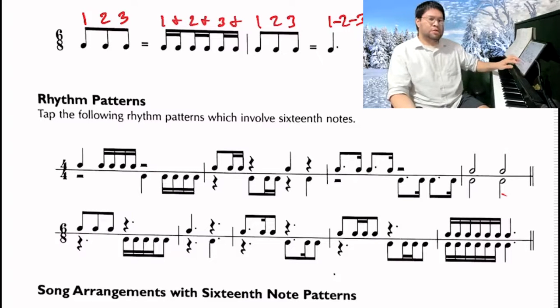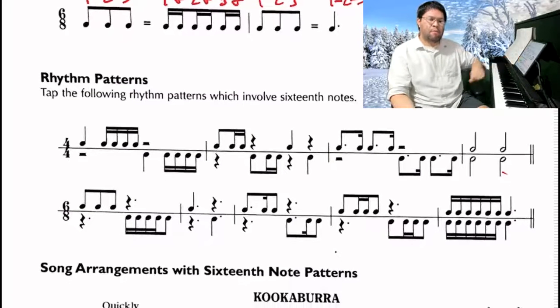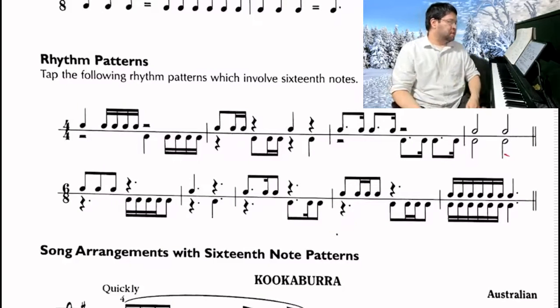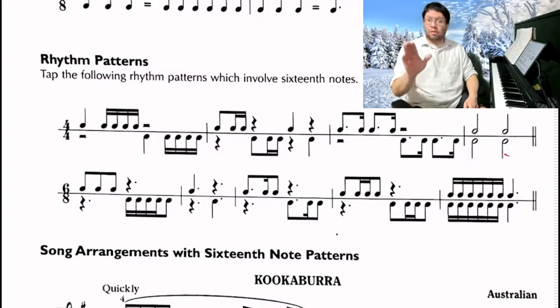Let's next go to 6/8 time. Once again, counting to 6. Let's go this one a little bit slower.